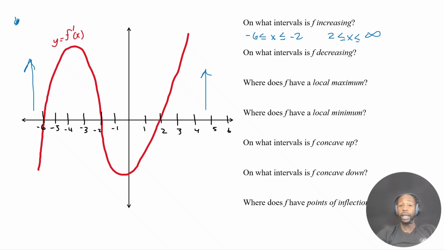Why again? It's because this is where the first derivative is actually positive. That helps us to quickly answer the second question, where is f decreasing? So it's decreasing between -infinity and -6, and it's also decreasing between -2 and +2.